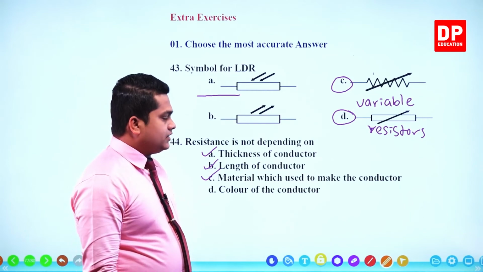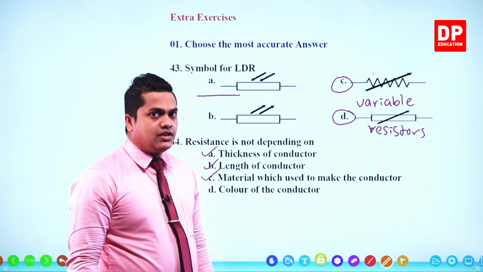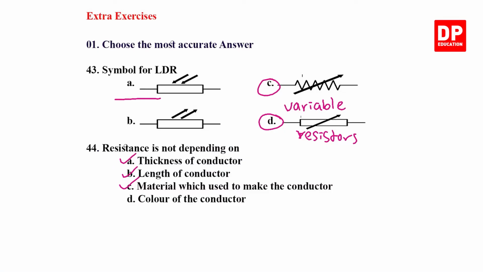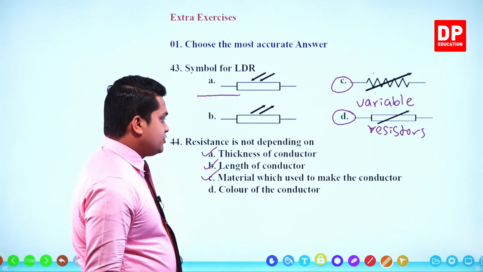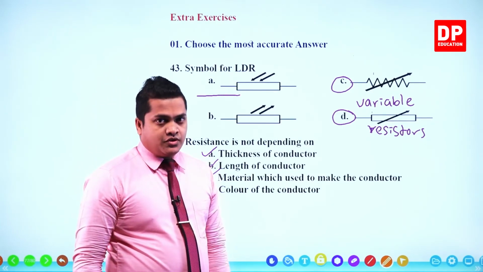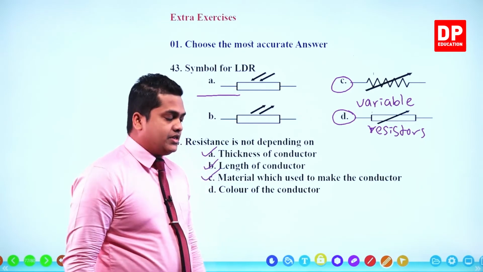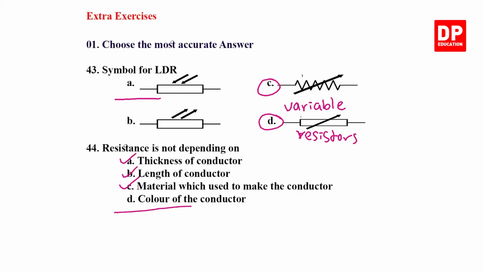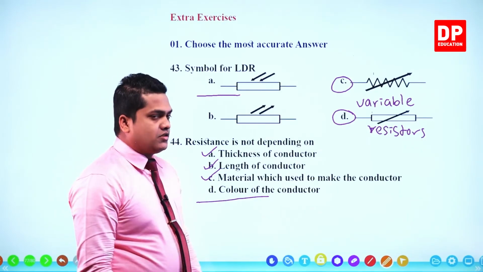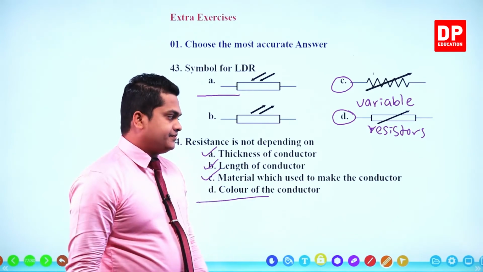Length of the conductor, yes, resistance is depending on the length. That's correct. Material which is used to make the conductor, absolutely correct, like nichrome and copper. So the incorrect one should be the color of the conductor. Not relevant at all, right?